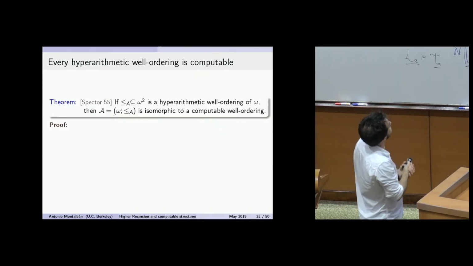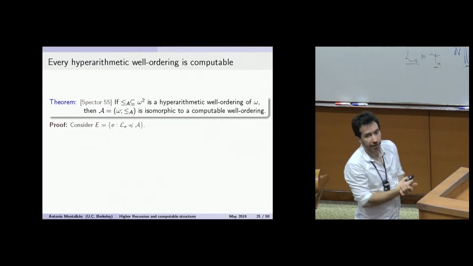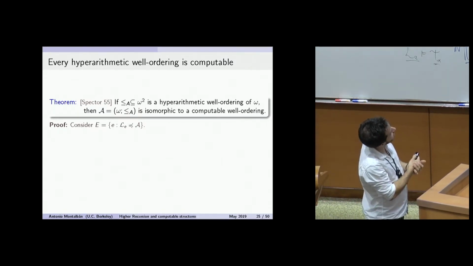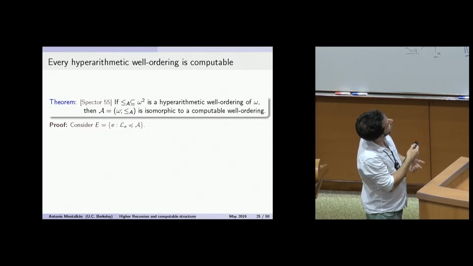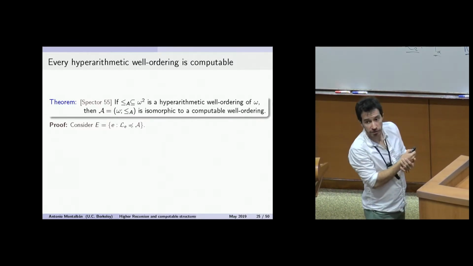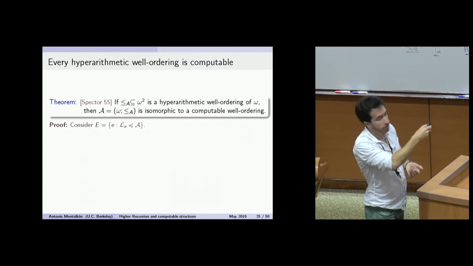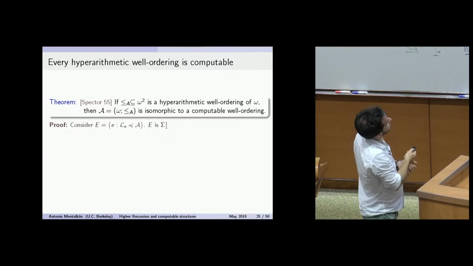The proof of this is Sigma 1 bounding. Consider all the indices of linear orderings which embed into this particular linear ordering. This linear ordering is hyperarithmetic, and so you can see that this set is Sigma^1_1.